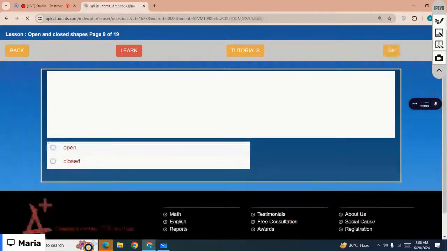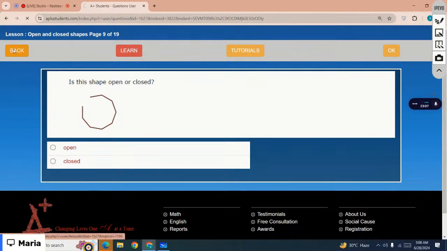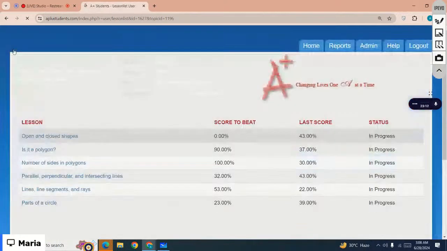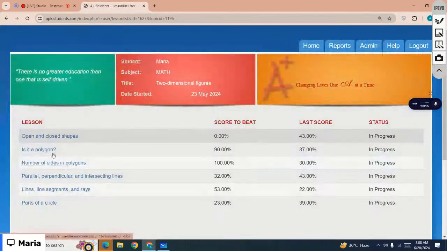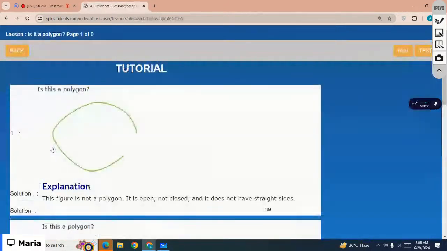Okay, you can complete the lesson by yourself later today. Let me just move on to the next lesson, right? And the next lesson is, is it a polygon? Let's just start with the lesson. Okay, is this a polygon?